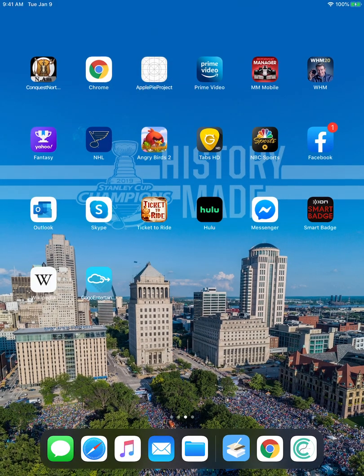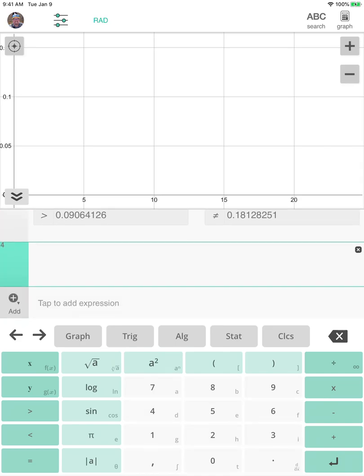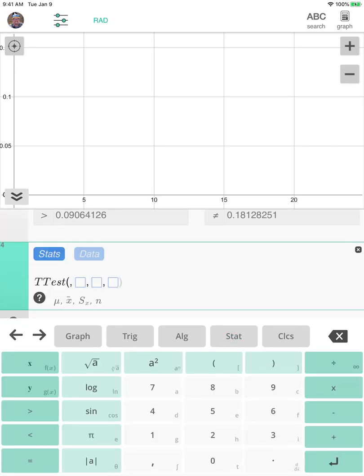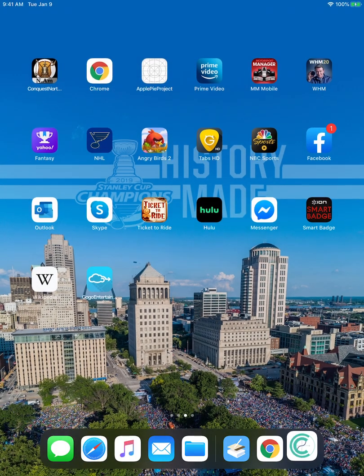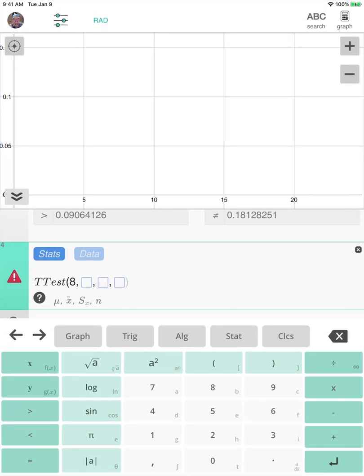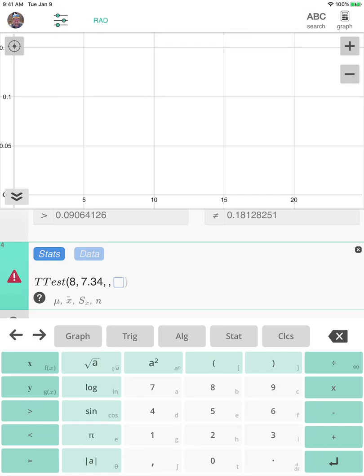And we plug that into the calculator, into the t-test. So Stat, Test, t-test. We got 8, 7.34, 3.2, and 49.